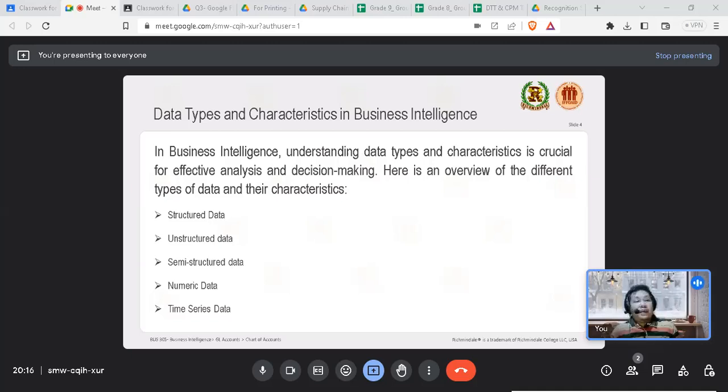The other one is social media data, from social media platforms. What are examples of social media platforms? Facebook, TikTok, WhatsApp, and many more.